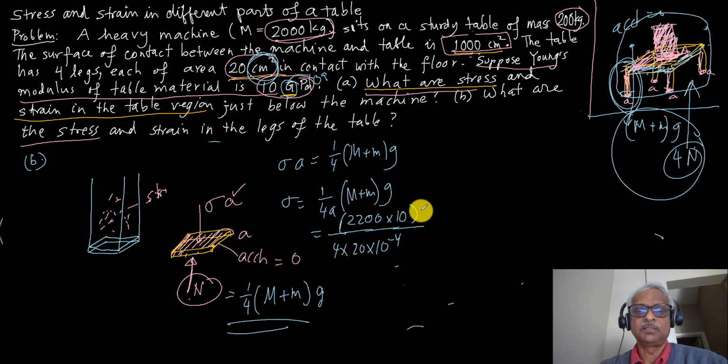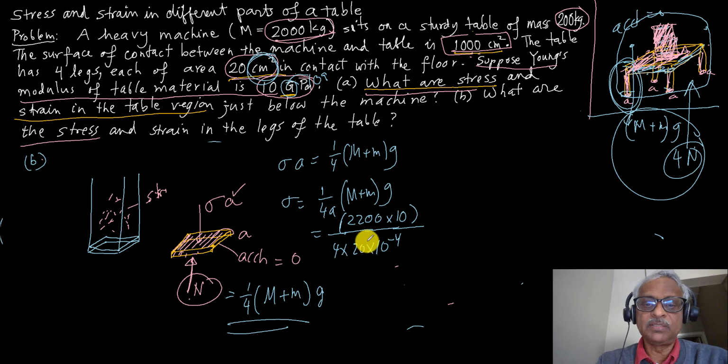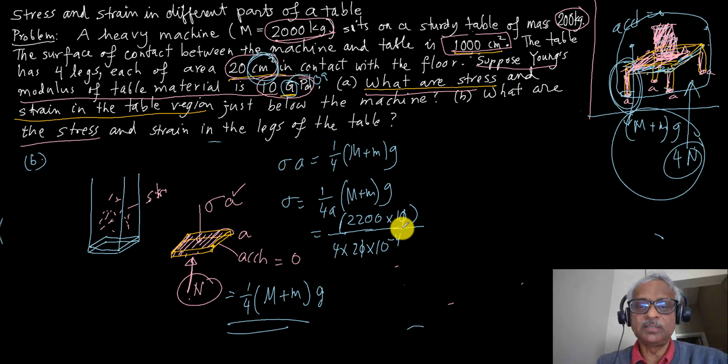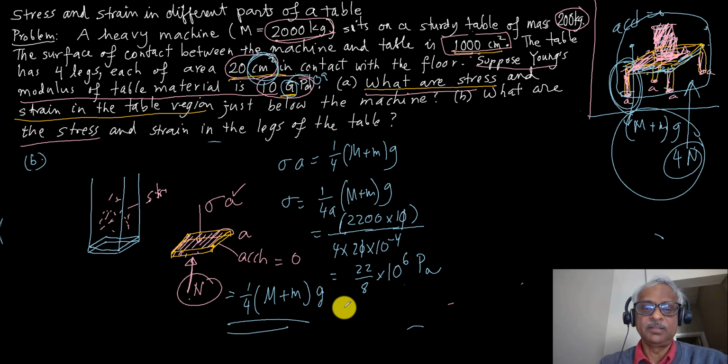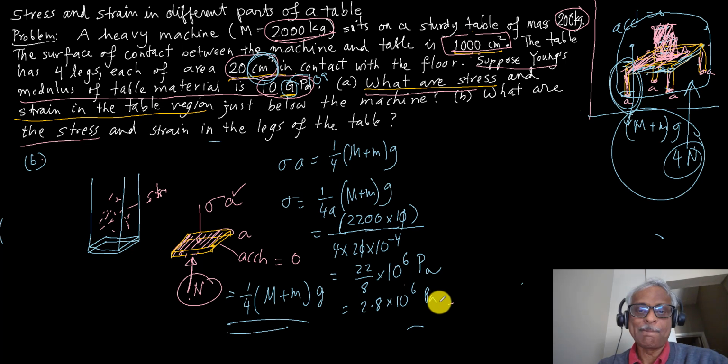So 0 cancels 0, and we write 22/8, and you have 10 to the power 2 plus 4, which is 6, and this whole thing should turn out to be Pascal. So 2.8 or 9, something like that, times 10 to the power 6 Pascal.